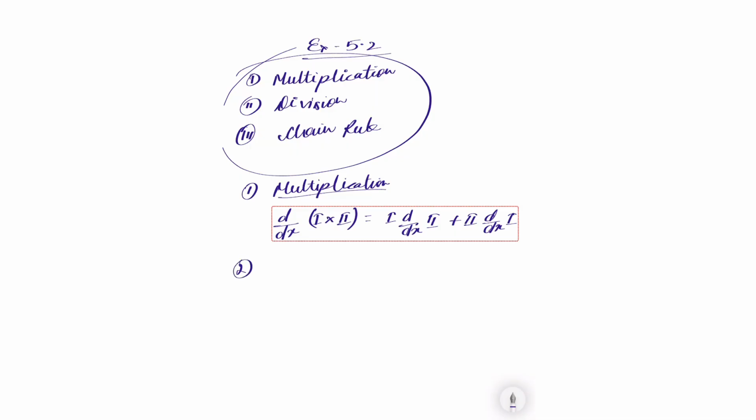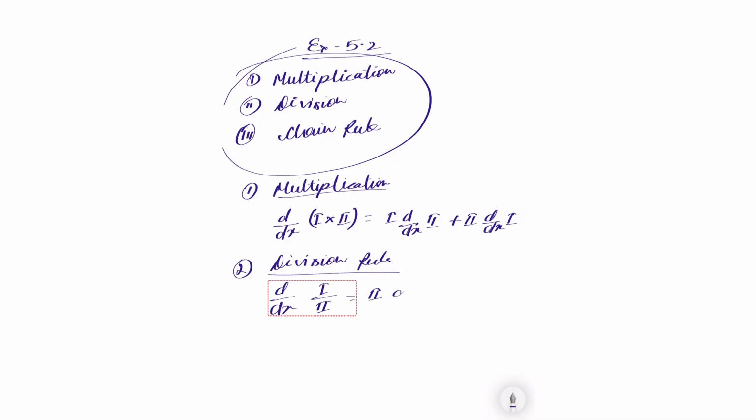Similarly, second, division rule. If we are going to differentiate 1 by 2, the rule will be 2 d/dx of 1 minus 1 d/dx of 2, divided by 2 square.